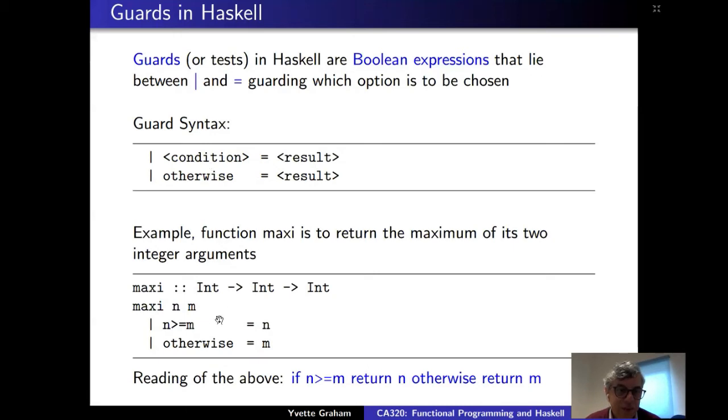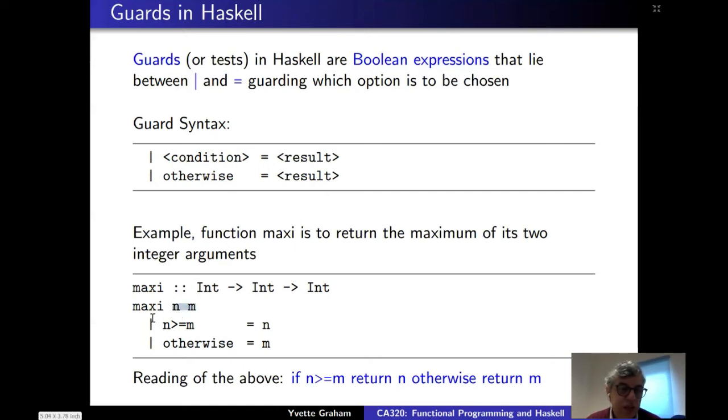Let's go to an example and understand the syntax. You say I have a function of maxi, which is type of integer, integer, and integer, 2 integer inputs and 1 integer output. You remember, we used to say the name of the function, the input, and then equal, and then how the output is calculated. But since we have multiple cases in here, we use this syntax.